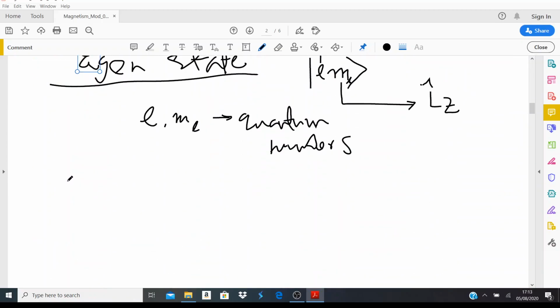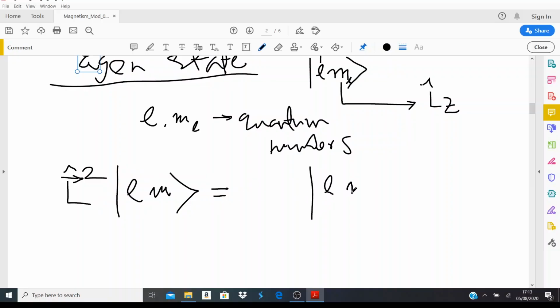So let's try to understand how L square operates on this state, right? And we said before that this is an eigenstate. So what is the purpose of the eigenstate of some operator? That's an operator, it's operating on some eigenstate. It means for sure the state on the left will be the same, right?